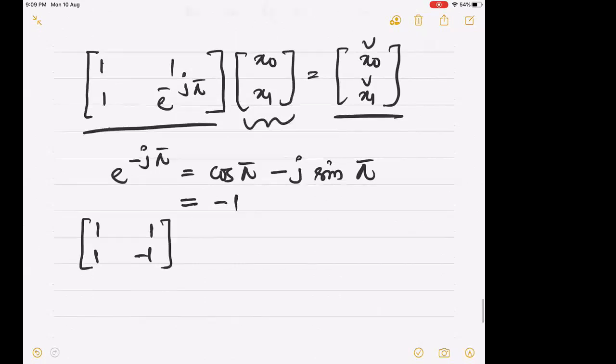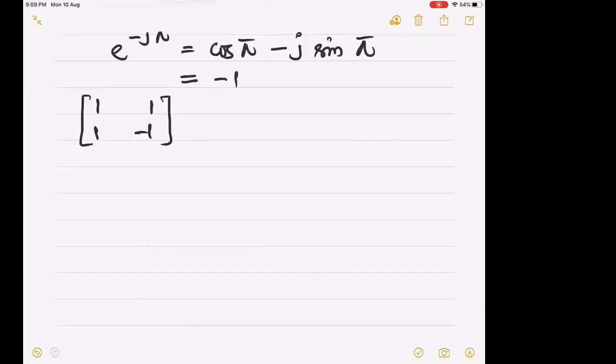In general, as I said before, x check now is given by x0 check, x1 check, dot dot dot up to xn minus 1 check.